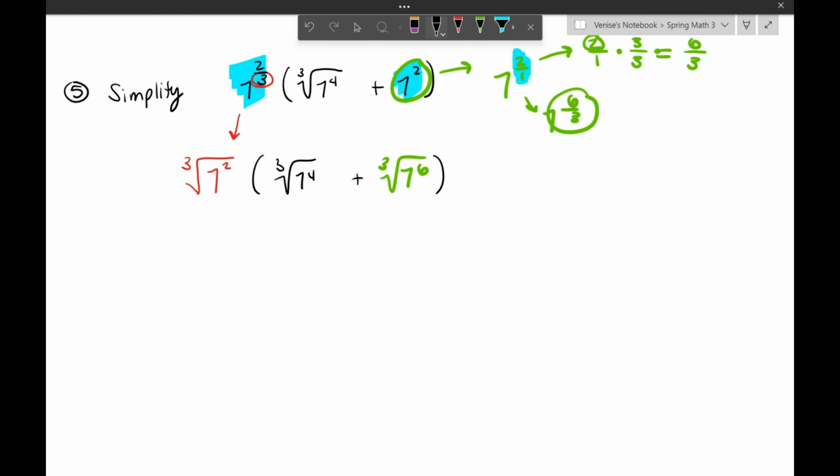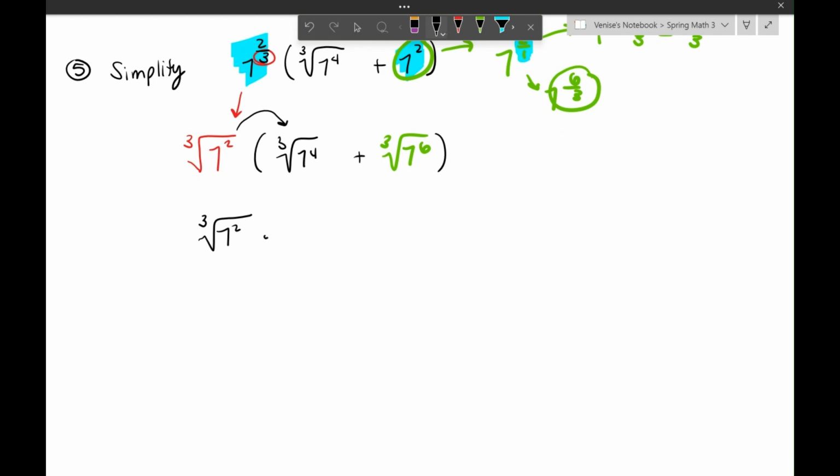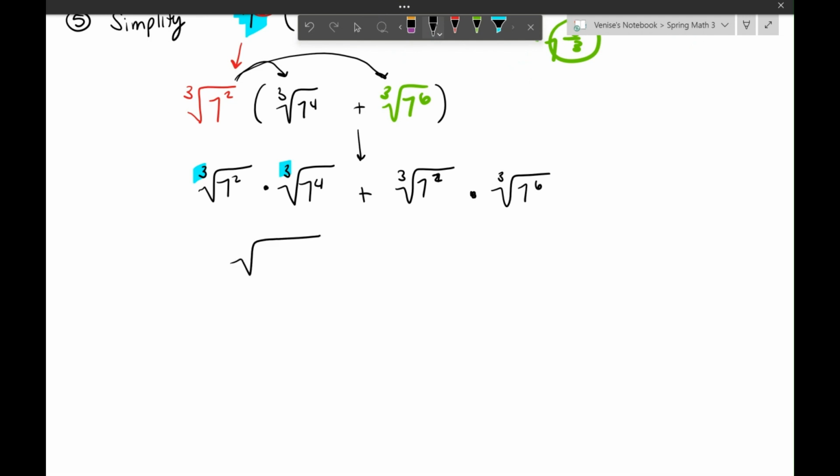So now let's distribute this one here. We should get the cube root of 7 squared times the cube root of 7 to the 4, plus the cube root of 7 squared times the cube root of 7 to the 6. They both have the same index, so they can go under the same radical.